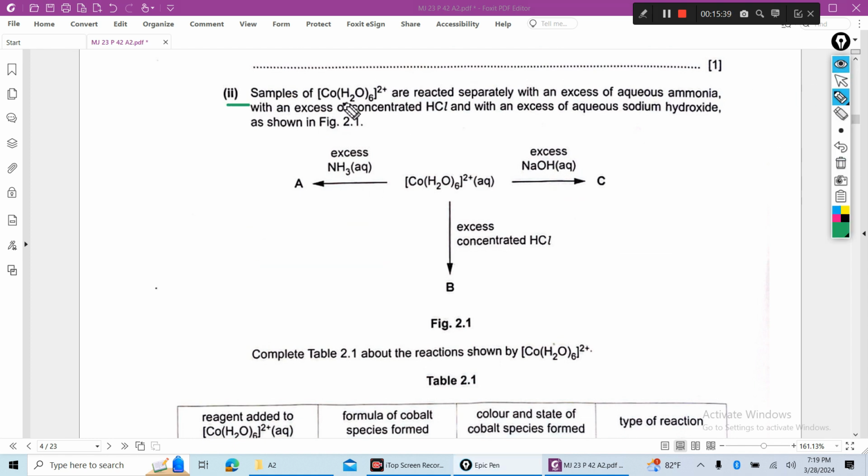Now 2 samples of cobalt complexes are reacted separately with an excess of aqueous ammonia, with an excess of concentrated hydrochloric acid, and with an excess of aqueous sodium hydroxide. In this diagram, cobalt complexes, excess sodium hydroxide C, excess aqueous ammonia A, excess concentrated hydrochloric acid B is produced. Complete the table.